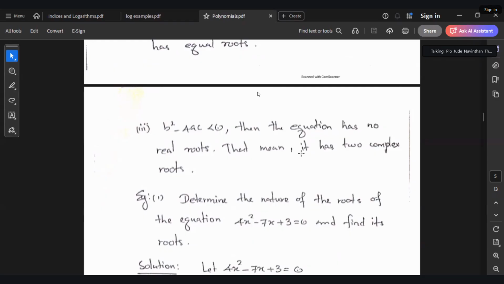Some other number system is there. Normally we use the real number system: 2, 3, 5 and minus 1, 0, root 2. Those are real numbers.